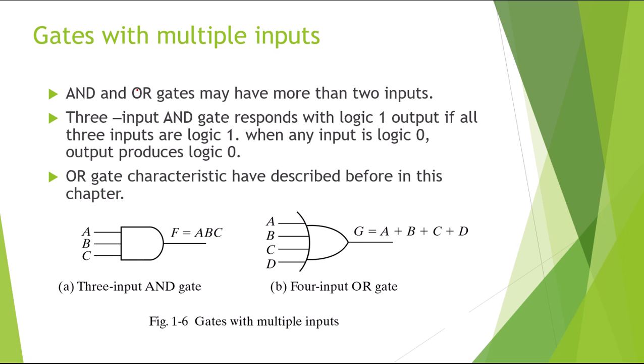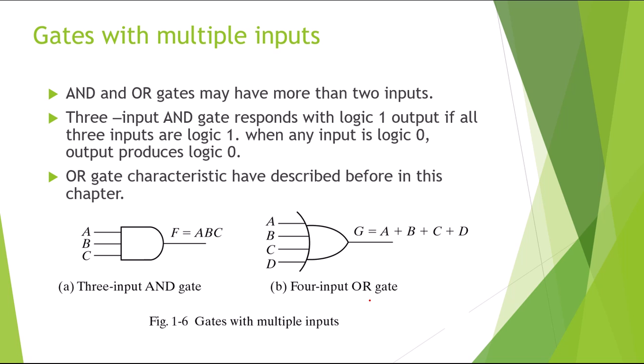Our gates can have multiple inputs. Till now we saw that our gates have 2 inputs, X and Y, but we can have more. For example, if we have an AND gate with 3 inputs A, B and C, then unless all these 3 are 1, our output will be 0. When all 3 are 1, our output will be 1.